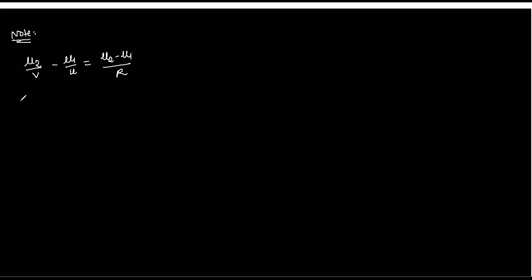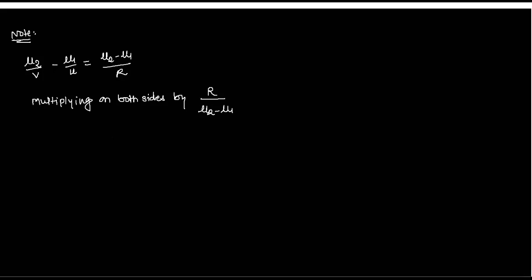And if we substitute this phi value and this r value here, then I am multiplying both sides by r by mu2 minus mu1.